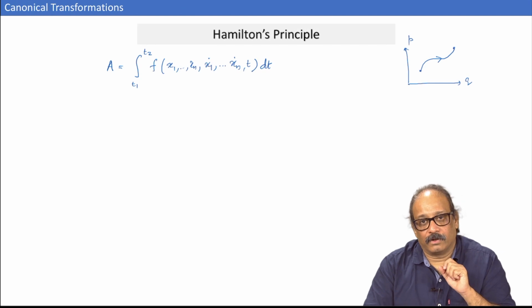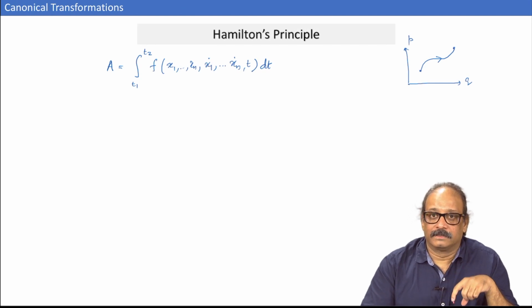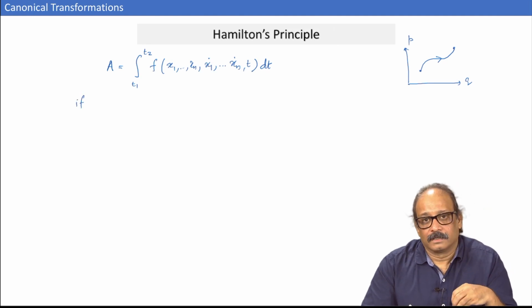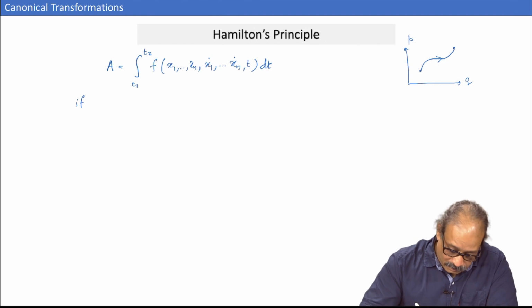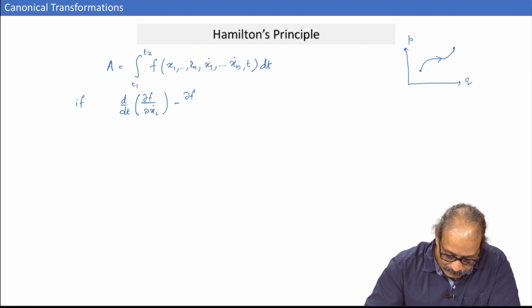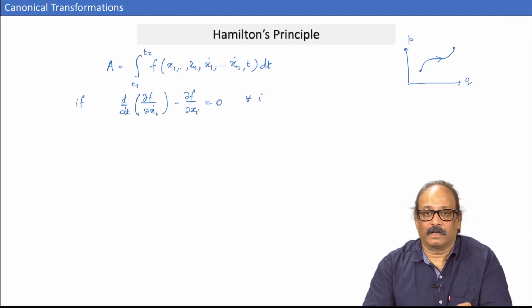We already know that this action is stationary if there is the Euler-Lagrange equation. So, that would be d by dt of partial of f with respect to x_i dot minus partial of f with respect to x_i, and this must be true for all i.